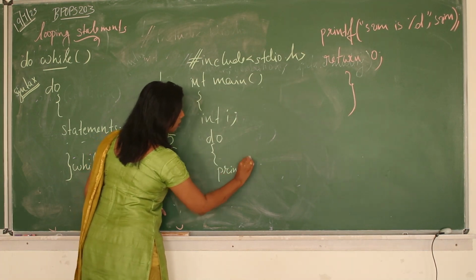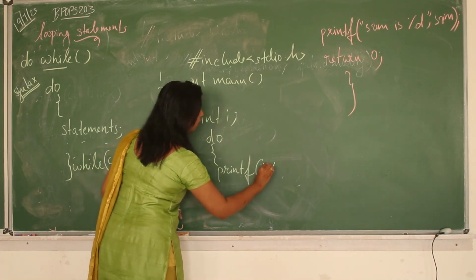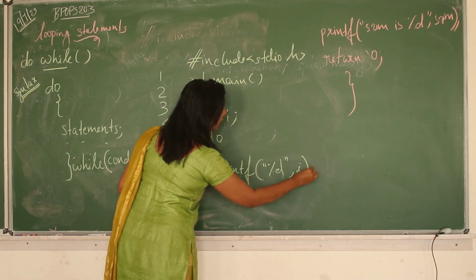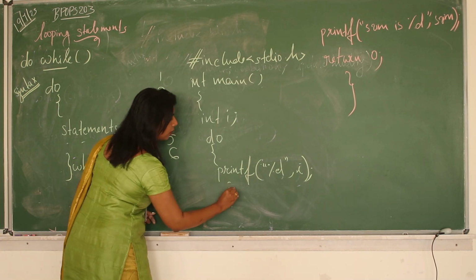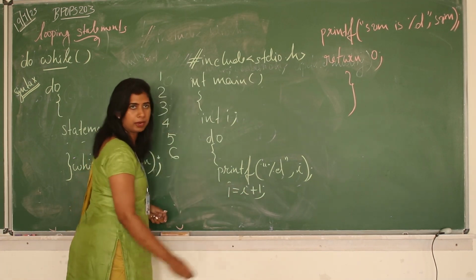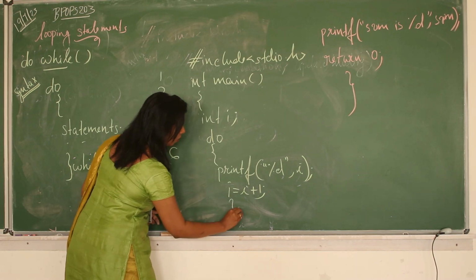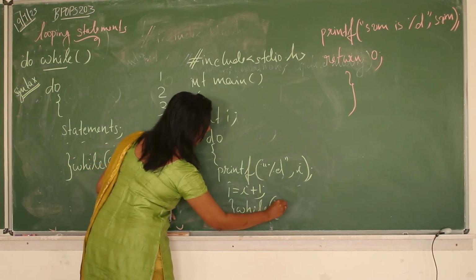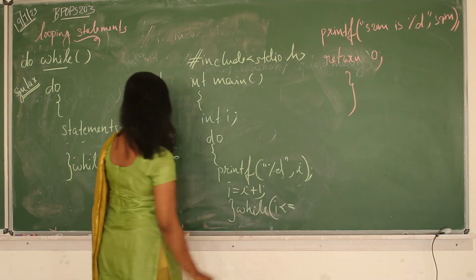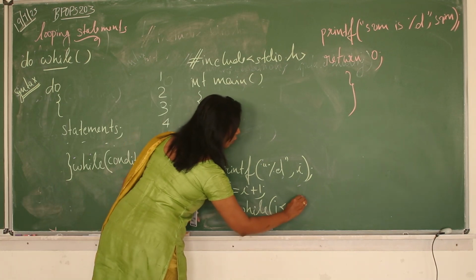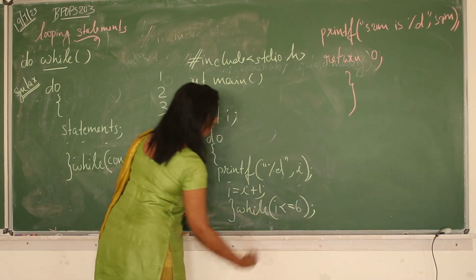So I am writing my printf statement, percentage d, comma, i, semicolon. I have to increment my i value each and every iteration, so that I am writing, then while, what should be my condition? i should be less than or equal to 6. Then close the bracket, semicolon.